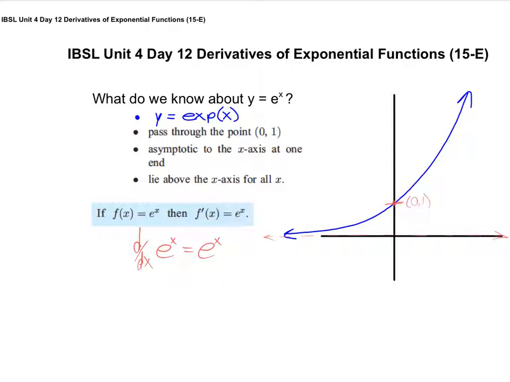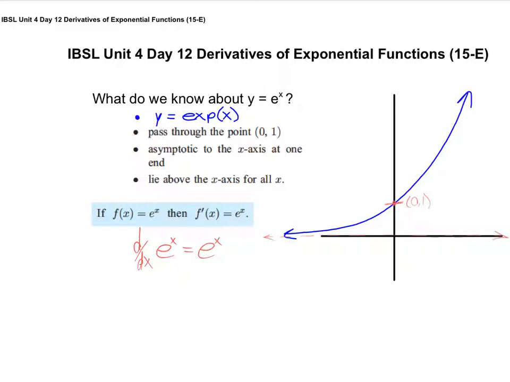I told you this was the easiest rule. It's exactly what it is. The cool thing is that it's really easy to find.